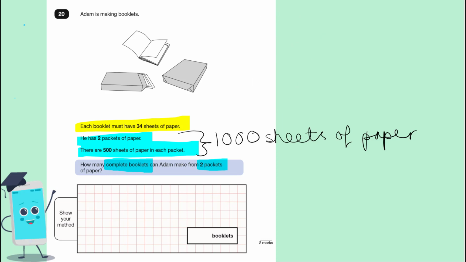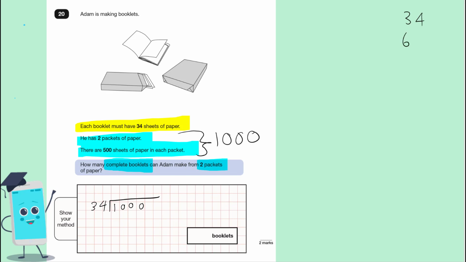So I'm simply going to do 1,000 divided by 34. Now, the next part of it is to do long division. So for long division, the best thing to do is to make a list of multiples. So I'm going to create a list of multiples down the side here.